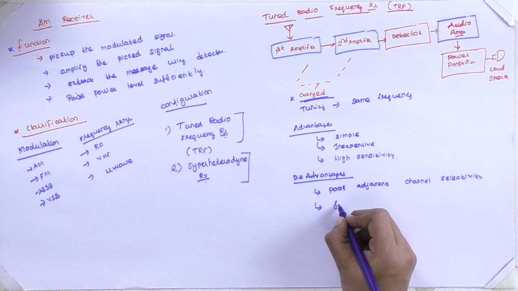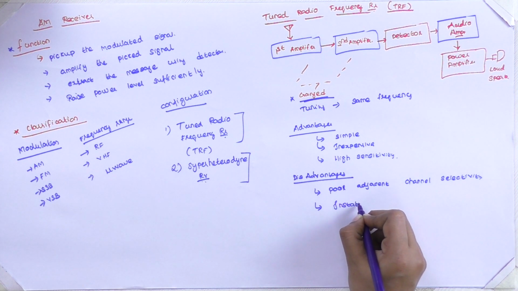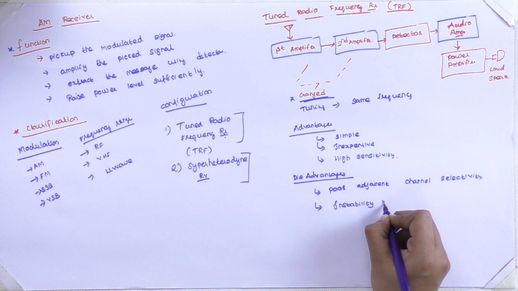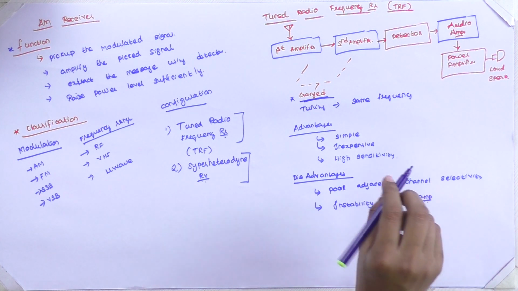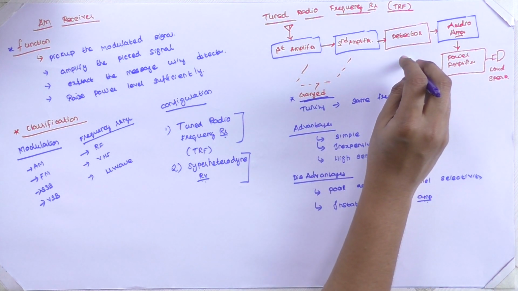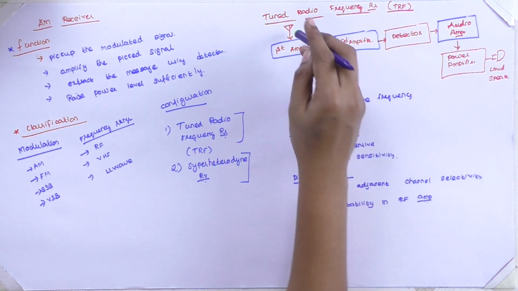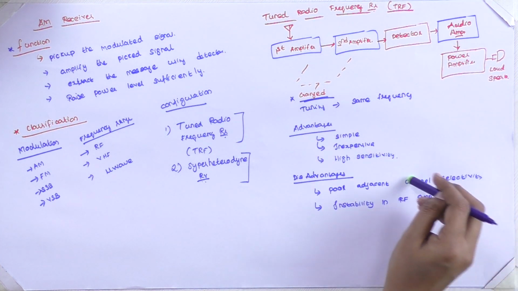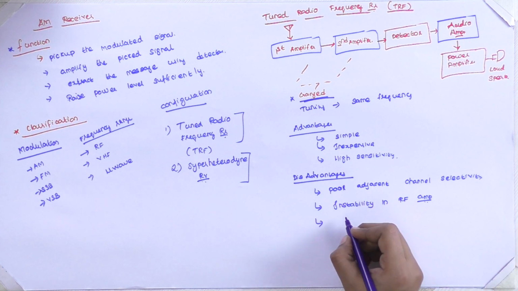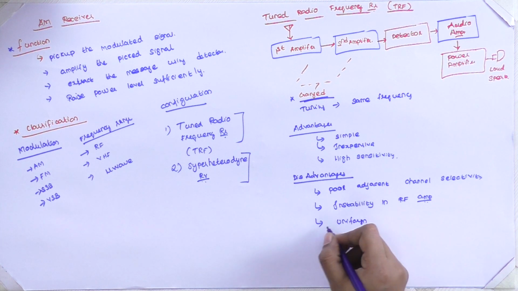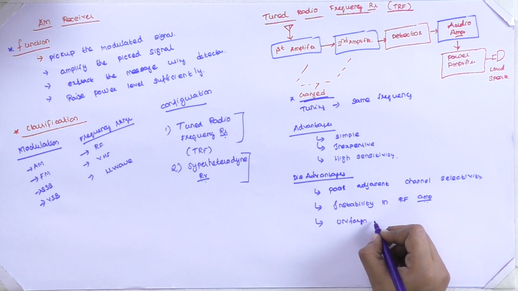And the second one is instability in RF amplifiers. All are tuned to exactly the same frequency, but if the receiver is tuned to a different station, then it will go for instability in our RF amplifier section, and also it will have non-uniform gain.